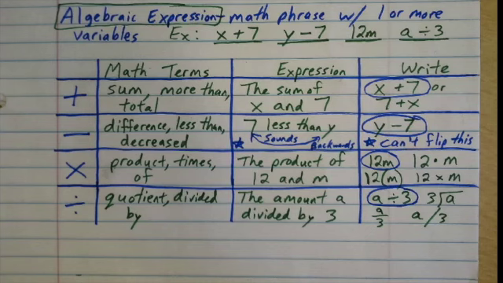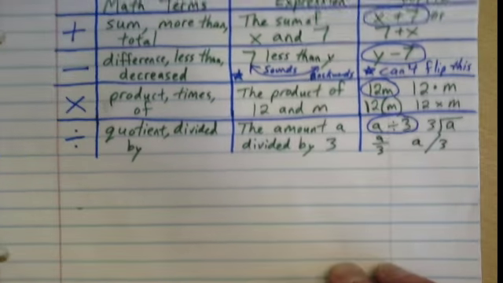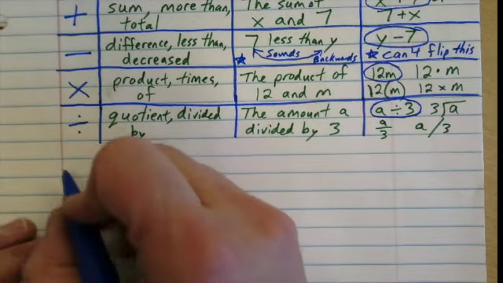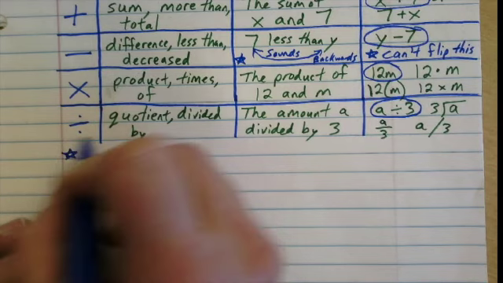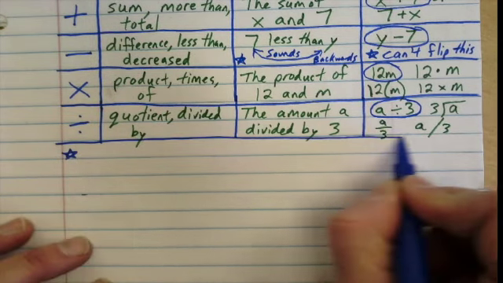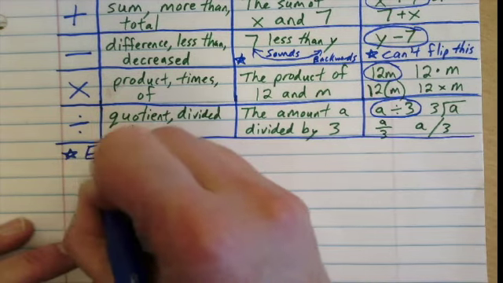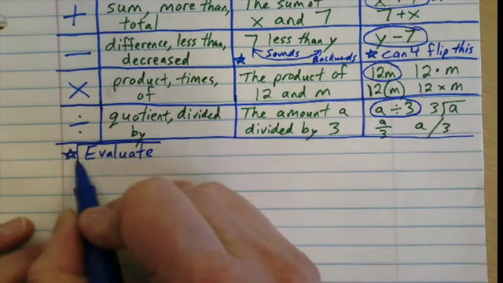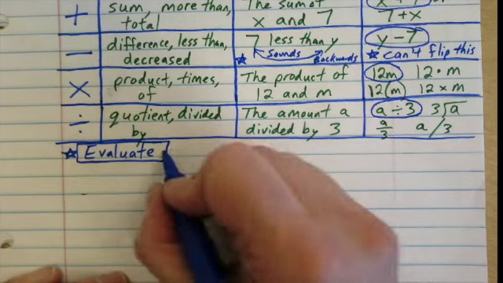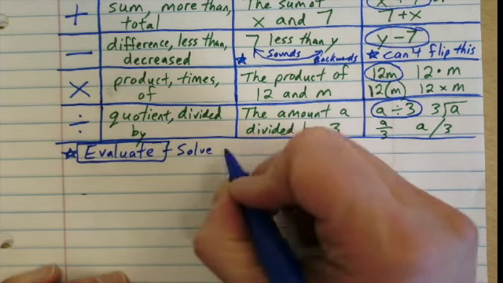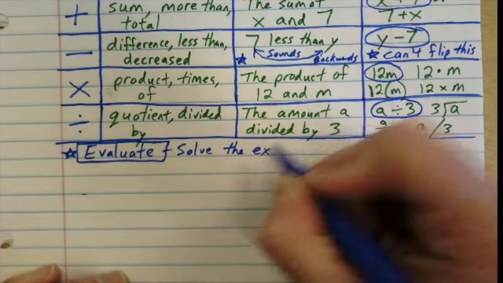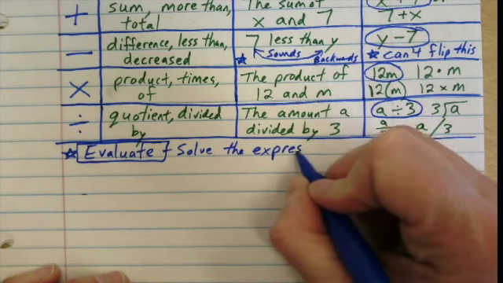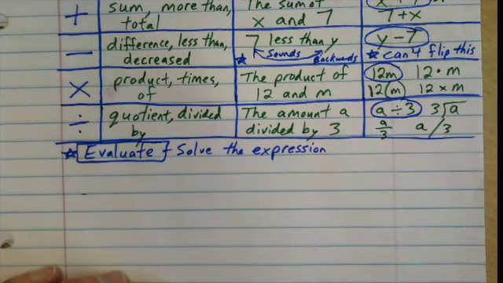The next thing you're going to see in your notes is some things that say evaluate. And whenever you see evaluate, it is just a fancy word for solve. So that means to solve the expression. And you may have to solve the expression by replacing a letter with a number that they give you.